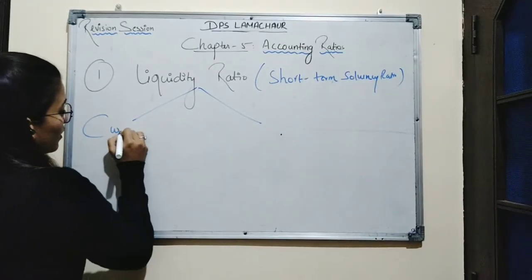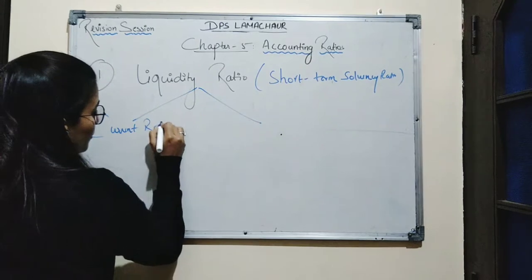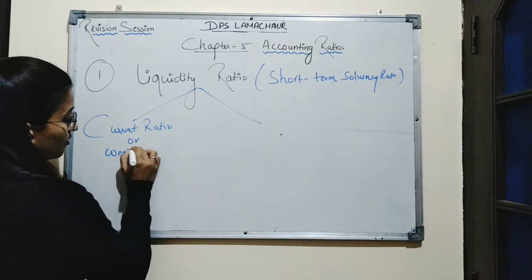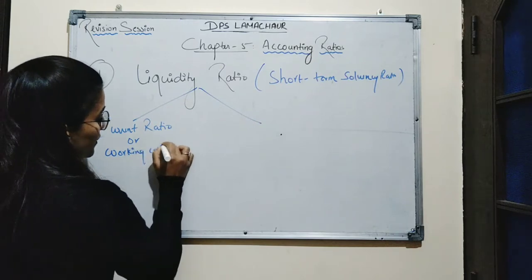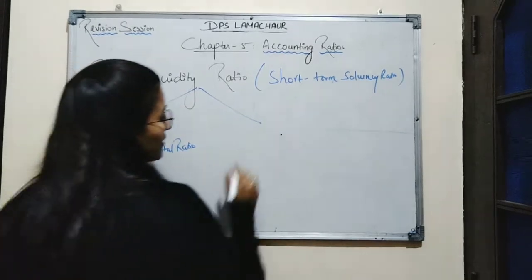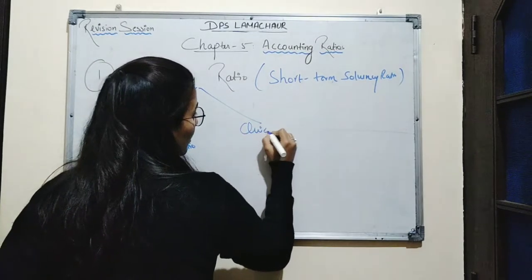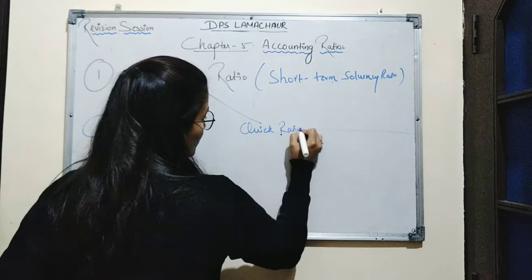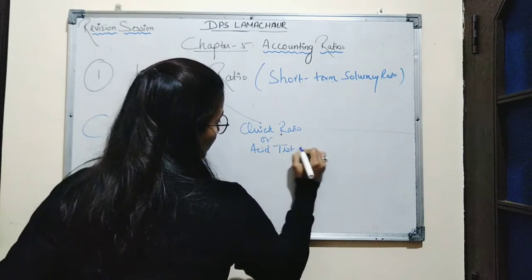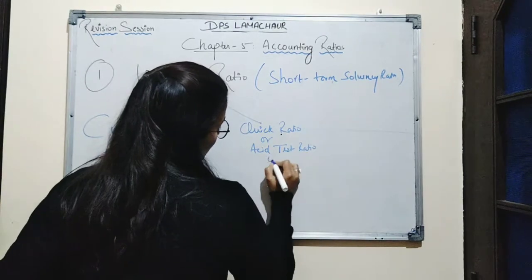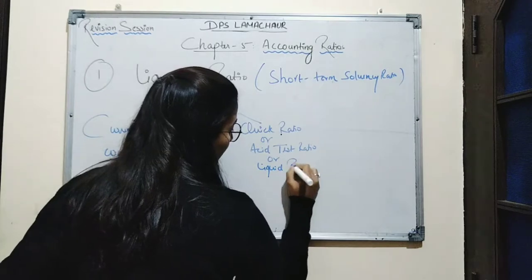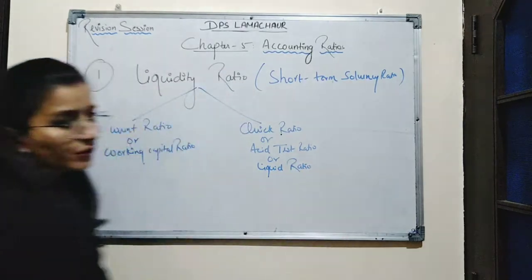So here liquidity ratio includes two ratios. First is current ratio, which is also known as working capital ratio, and second is quick ratio, which is also called acid test ratio, and it is also known by the name liquid ratio.